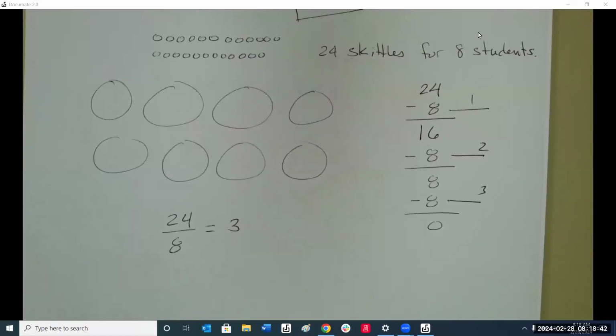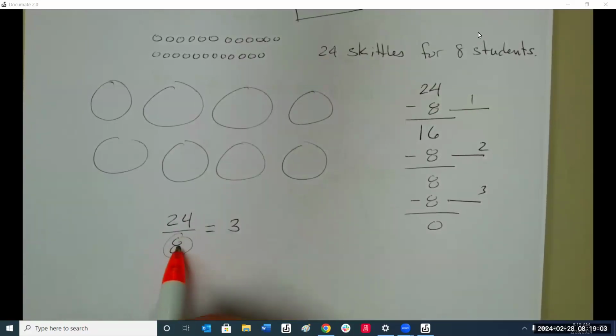How can we prove that that's true? That's a good answer. How would you test it? How would you prove it? Well, what's the opposite of division?